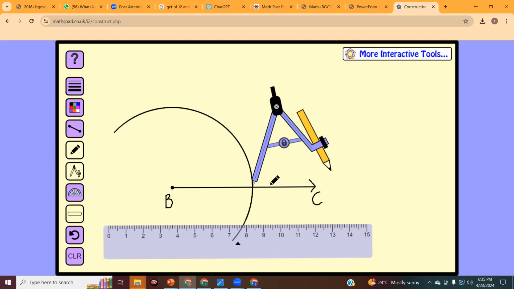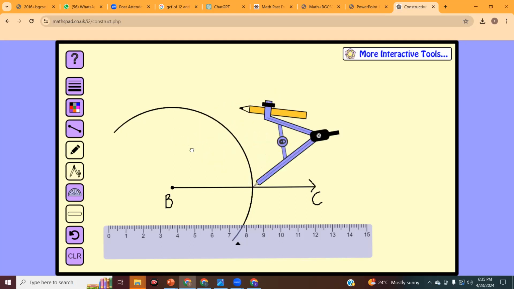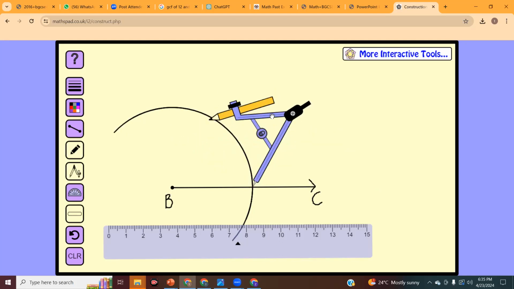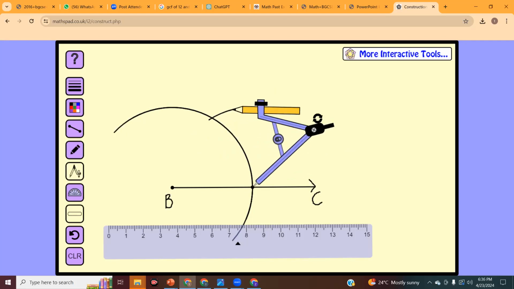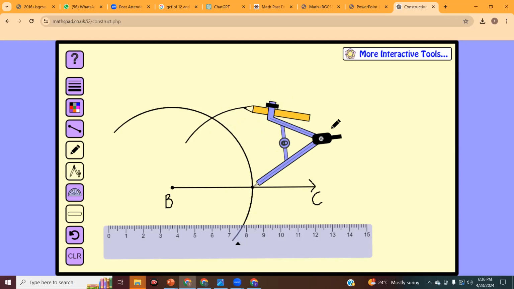Are we gonna draw a second one? Yes, sir. Good. And where should this arc intersect? Should it intersect this first one? Yes, sir. Good, it should. So let's do that. We're gonna draw another arc like so. And it should intersect just like that.